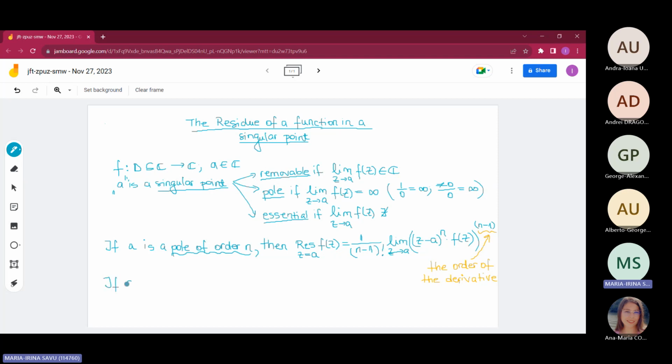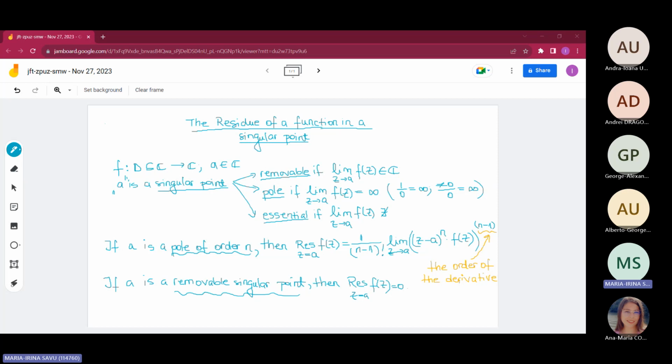So if A is a removable singular point, the residue of the function f in the point A is equal to 0.